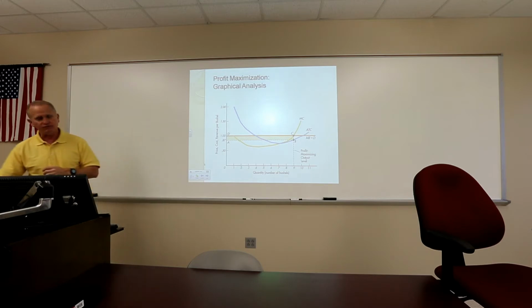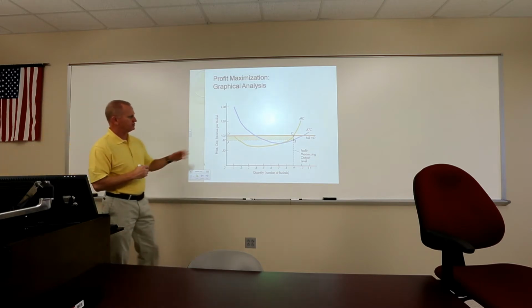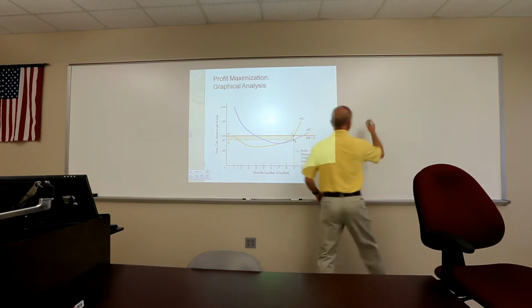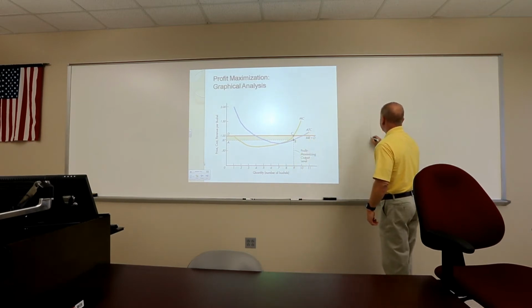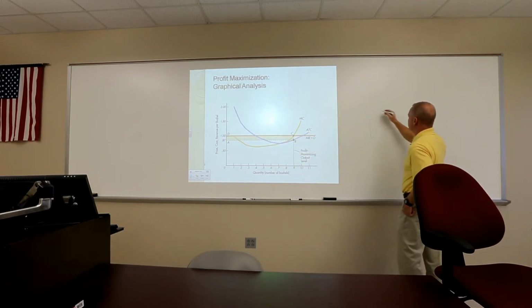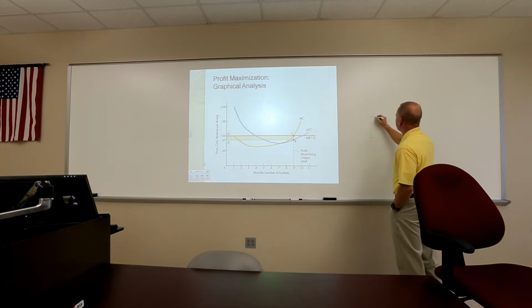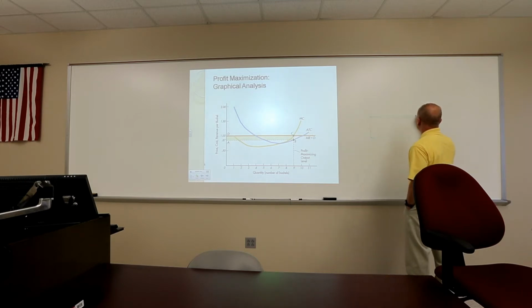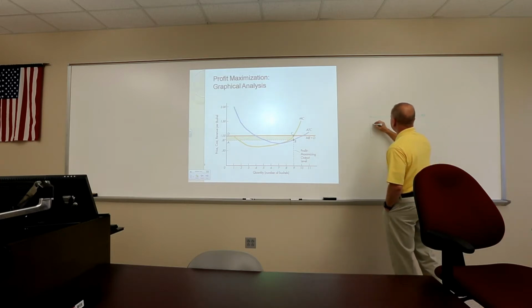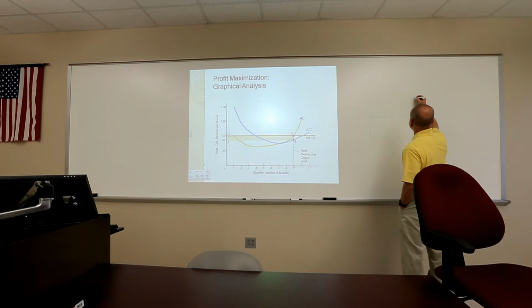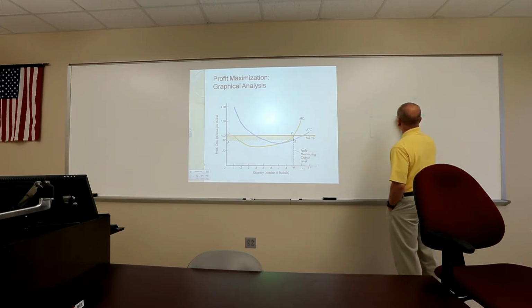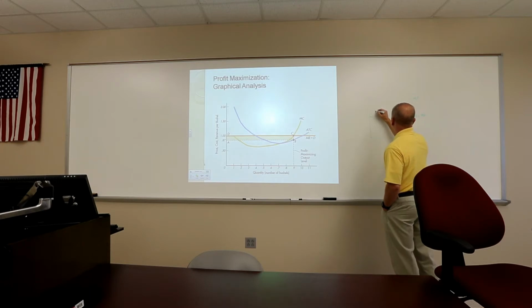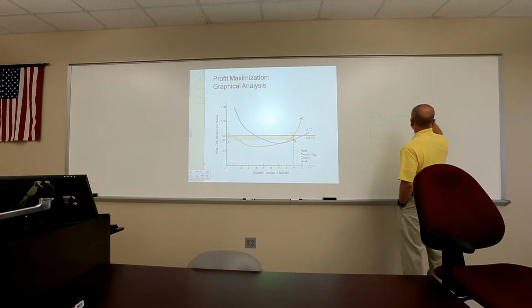Again, I may not even give you the numbers. Well, I have to give you numbers. But I might not give you the shade. So you may have a horizontal line, which is your demand curve, which is marginal revenue, and your marginal cost curve, and then your average total cost curve.